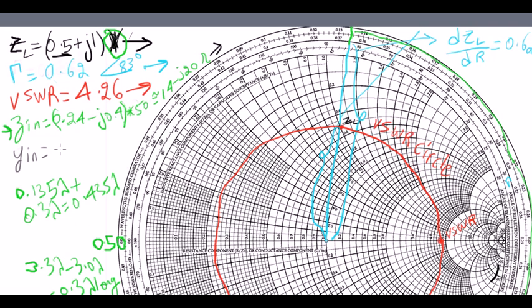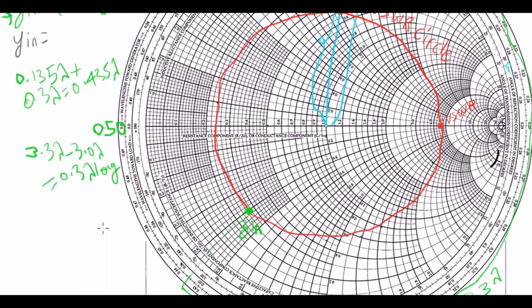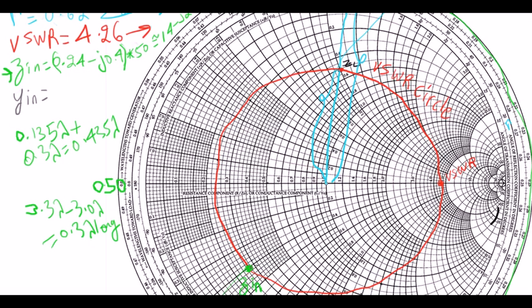So how do we obtain this? Since it's the reciprocal, we just draw a line opposite, going through the origin. I'm trying my best to draw a straight line here. Hopefully I did it right.